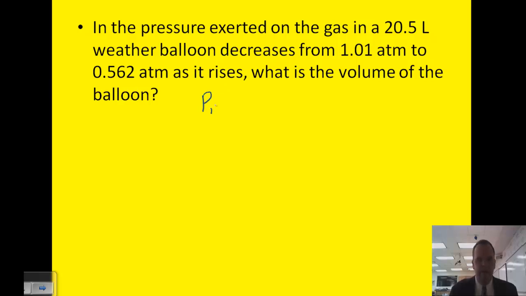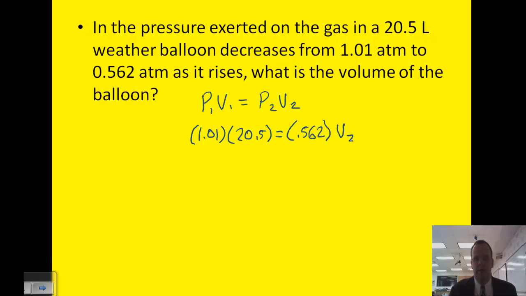So we've got P1 V1 equals P2 V2. The pressure, 1.01 atmospheres. The volume, 20.5 liters, equals the new pressure, 0.562 times volume 2. So we're going to do 20.5 times 1.01.